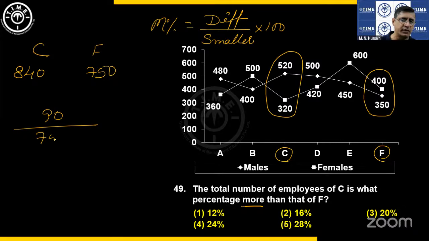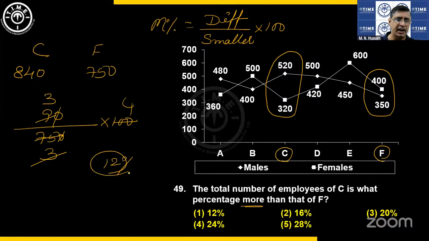Smaller value 750 into 100. 0 and 0 get cancelled. 25 3 times, 25 4 times. 3 times 25, 75. 4 times, that is 100. 3 in 9 goes exactly 3 times. Now the product of 3 and 4, that is 12%. Answer choice 1. Option 1 is the answer for this question.